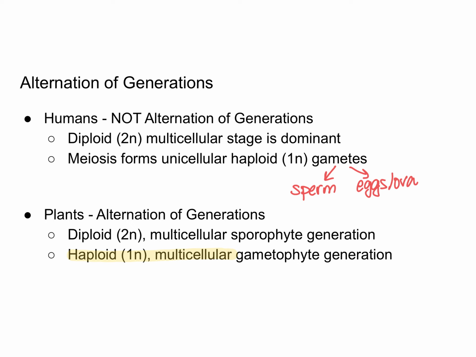Notice, however, that the haploid multicellular generation in plants is known as the gametophyte generation. So that word should make you think of gametes, which are haploid. So that might help you remember which generation is haploid. The gametophyte generation is haploid, just like gametes in humans are haploid.